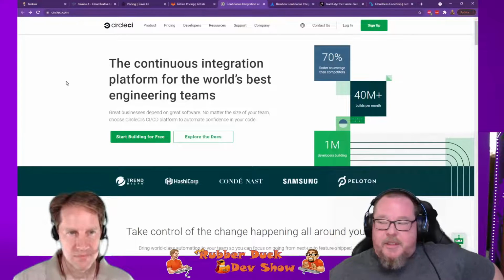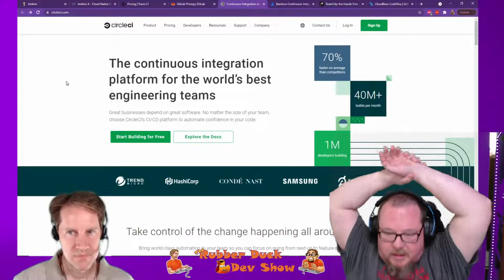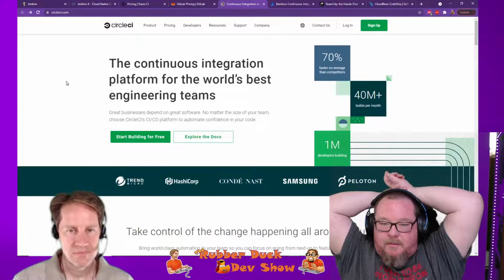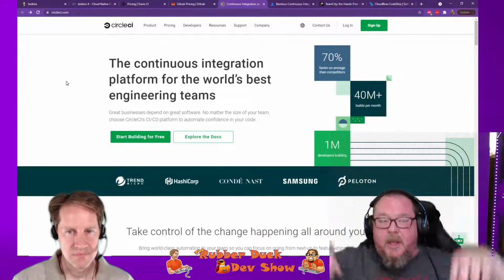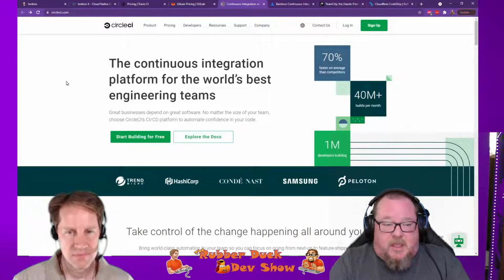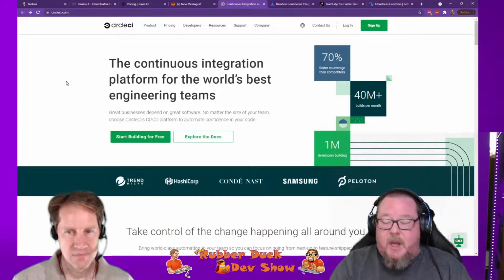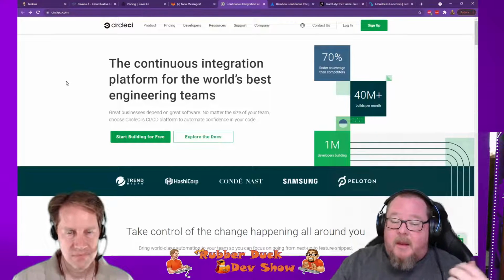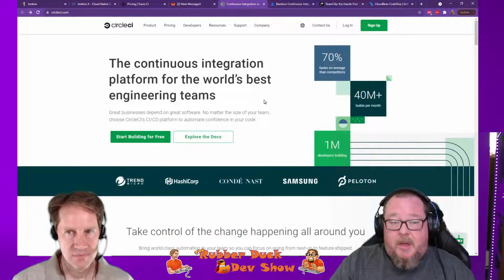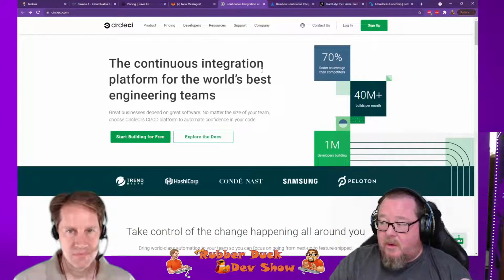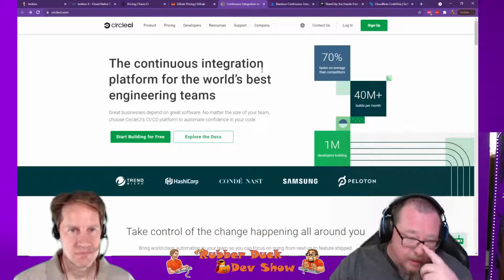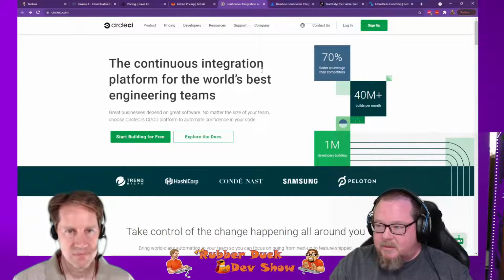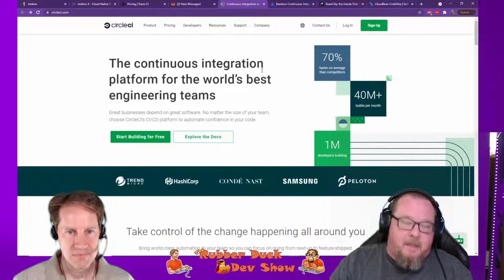Circle CI. So this is one that has been around for a little while. Certainly not nearly as long as Jenkins, but it's matured decently well, and I hear a lot of good things about this. I haven't actually used this, but I'm getting ready to sign up for the free tier and start playing with it on a little side project that I'm doing, my little funsy programming project, because I want to see what all the hubbub is about in Circle CI.